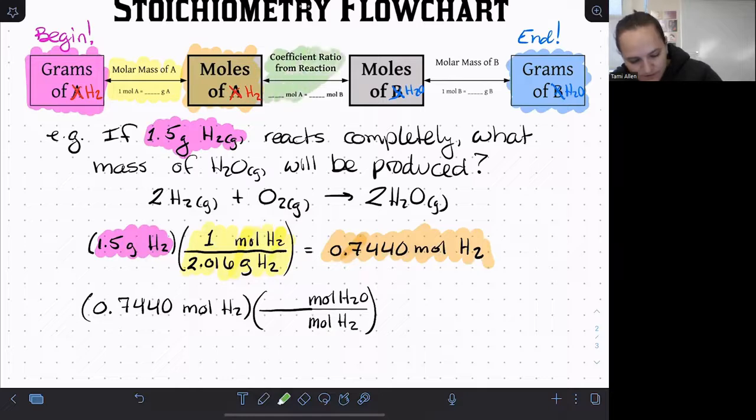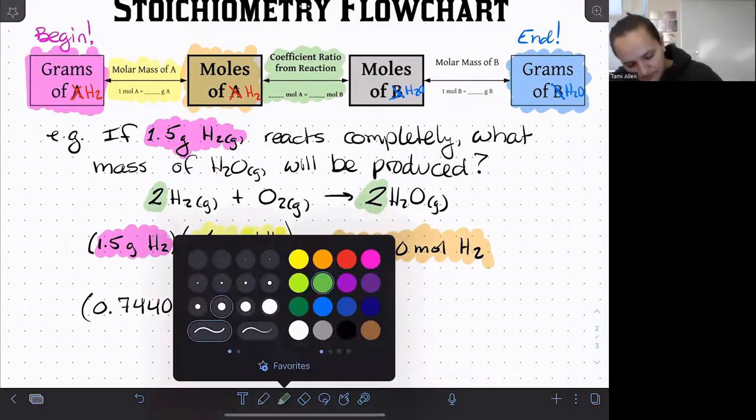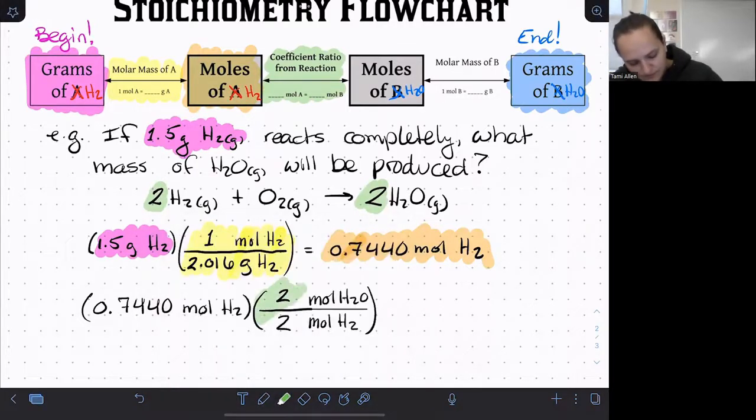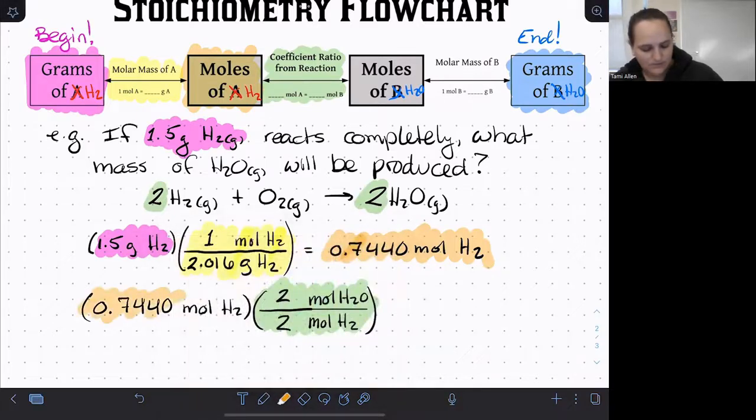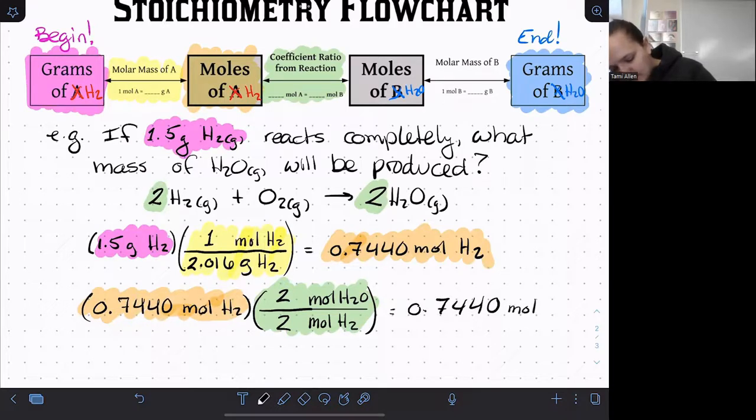So our coefficient ratio tells us that 2 moles of water is produced by 2 moles of hydrogen. So we end up getting the same number, in this case, of moles of water produced.